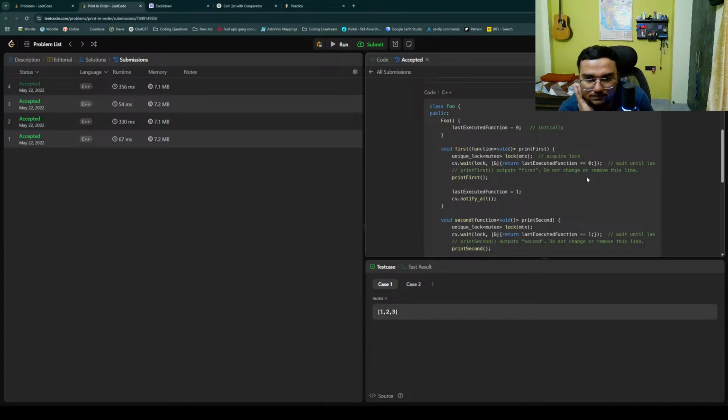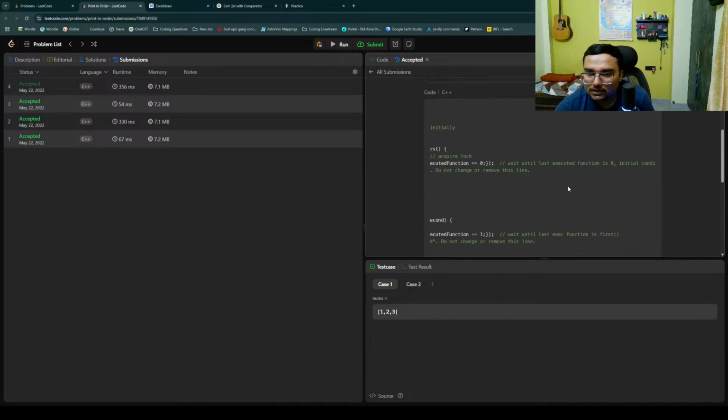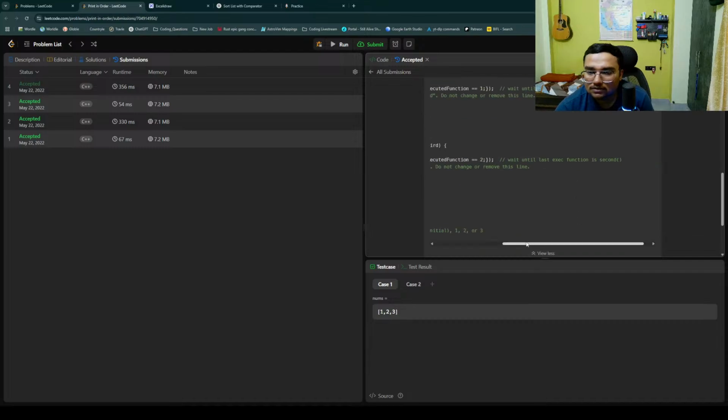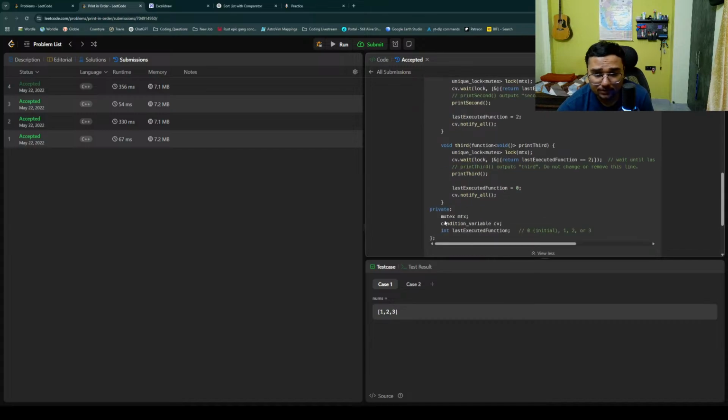What is happening? Wait until last executed function is 0, initial condition. Print first, outputs first, do not change or remove this line. Last executed function is changed to 1, cv dot notify all. What is cv? Condition variable.